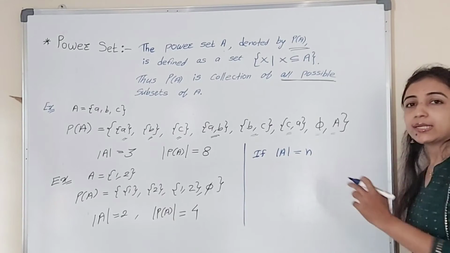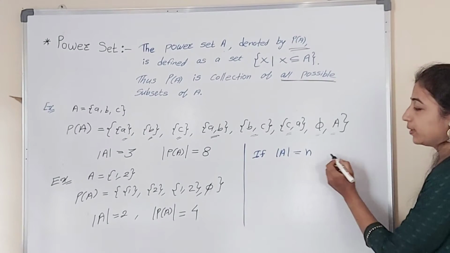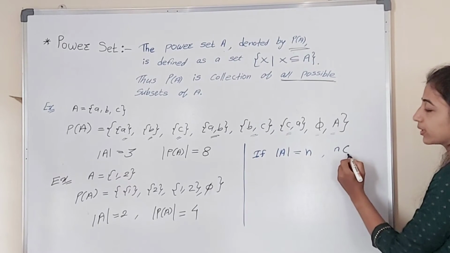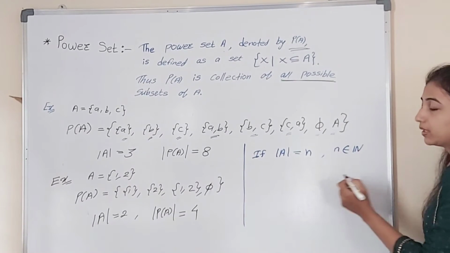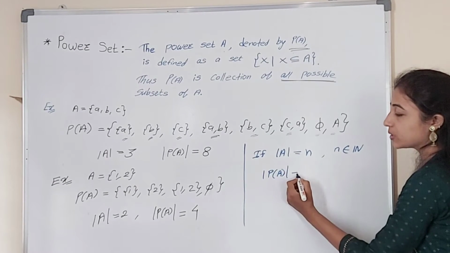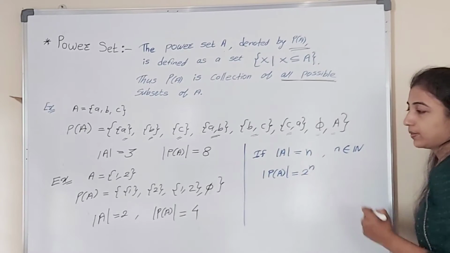We are considering set A to be a finite set. So here the cardinality of set A is equal to n, where n belongs to the set of natural numbers. Then the cardinality of power set A is equal to 2 raised to the power n.